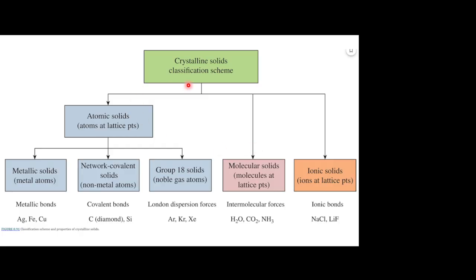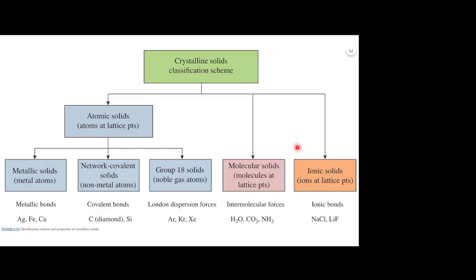If we come down, we have atomic solids. These are going to be atoms at the lattice points. We have molecular solids. These are going to be molecules at the lattice points. These are things like H2O, CO2, NH3, that sort of stuff, right? And so you have intermolecular forces that are forming your solids, like ice.